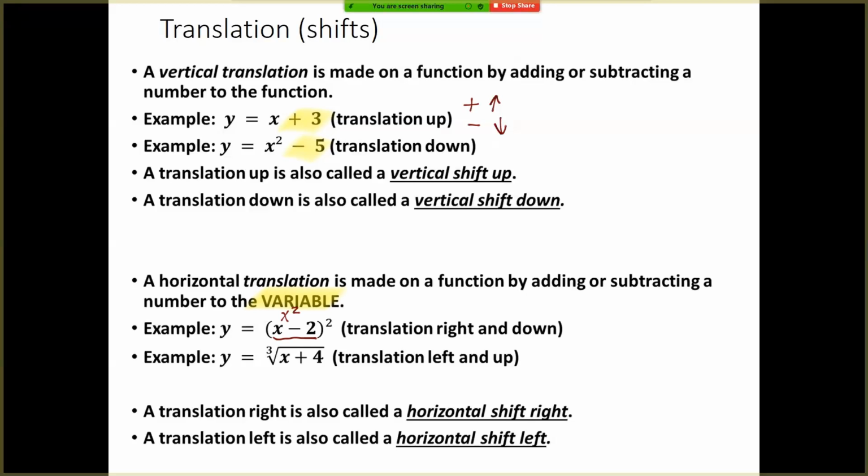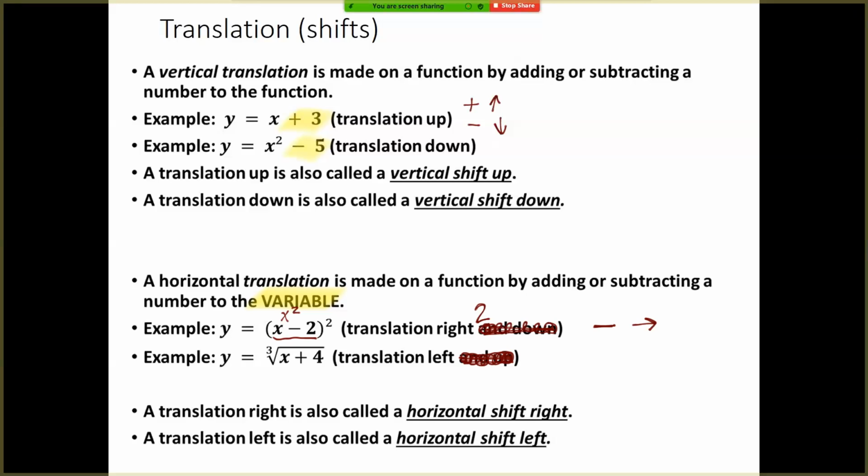When it's shoved in with the variable, it has the opposite effect of the sign. So the minus 2 actually moves you to the right. We're not moving down. Since it's in with the variable, it's moving you right 2 units. So in this case, if it's negative, you're moving to the right however many units.